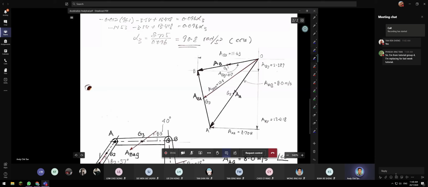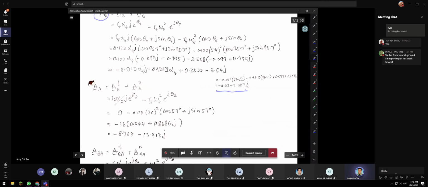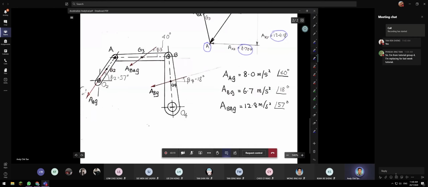I draw acceleration of A, which consists of minus 13.4 and minus 8.7 here.